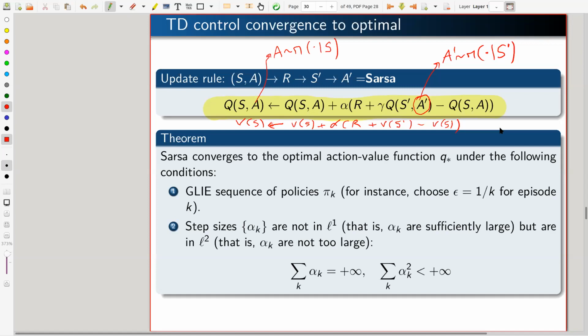I mean, this is one step of evaluation. What is the next step, the improvement step? Let's say this is P8. We have made the 8 steps of evaluation. So now I have the new policy P9.